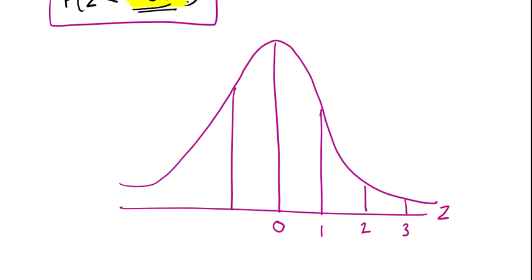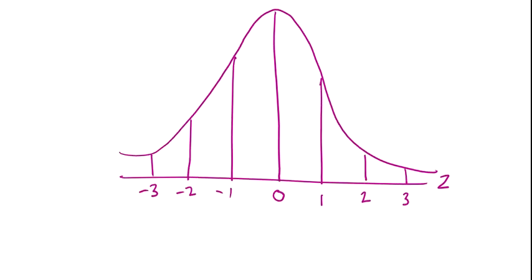And towards the left there is minus 1, minus 2, and minus 3. This is how my z table is presenting in front of us. Now if you look at the table, it is showing only positive values starting from 0 to 3.